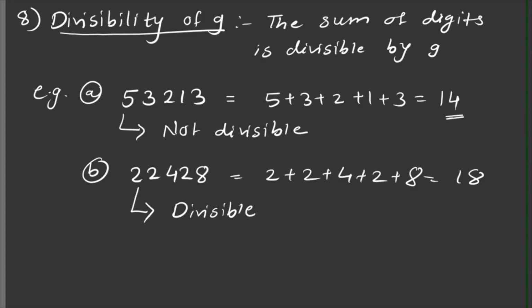Let's see the next rule, divisibility of 10. This is very simple to find, because if the last digit is 0, then it is divisible by 10, otherwise it will not be divisible by 10.